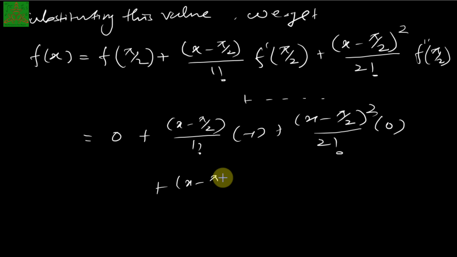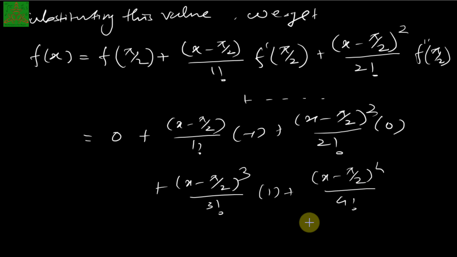plus x minus pi by 2 cube upon 3 factorial f triple dash, that means the third derivative at pi by 2, is 1. We have calculated x minus pi by 2 raised to 4 upon 4 factorial into 0 plus x minus pi by 2 raised to 5 upon 5 factorial, and the fifth derivative we have already found is minus 1, and so on.